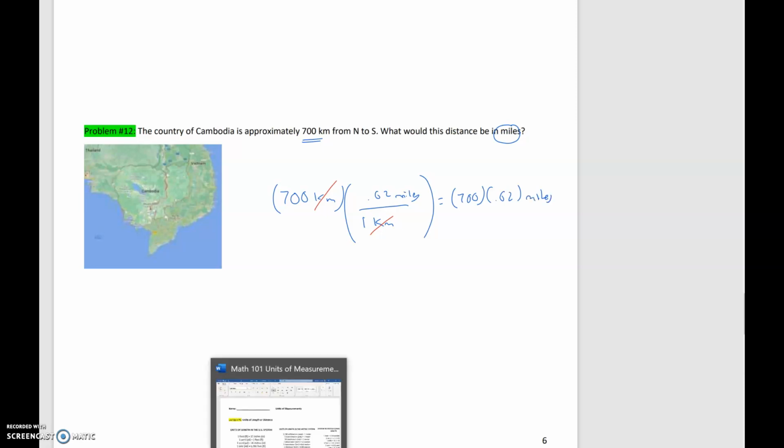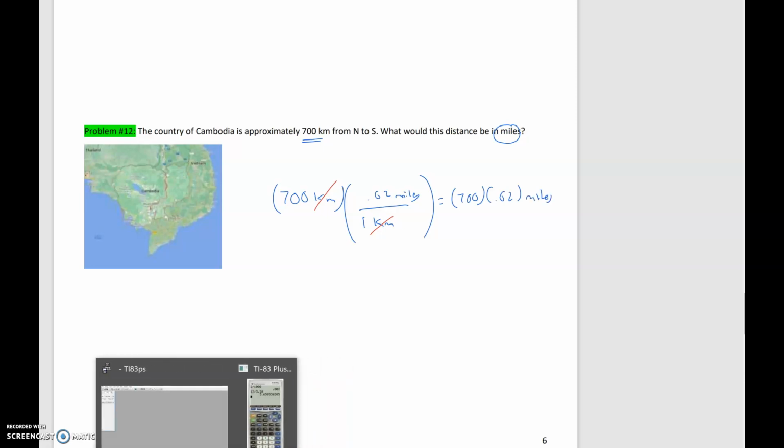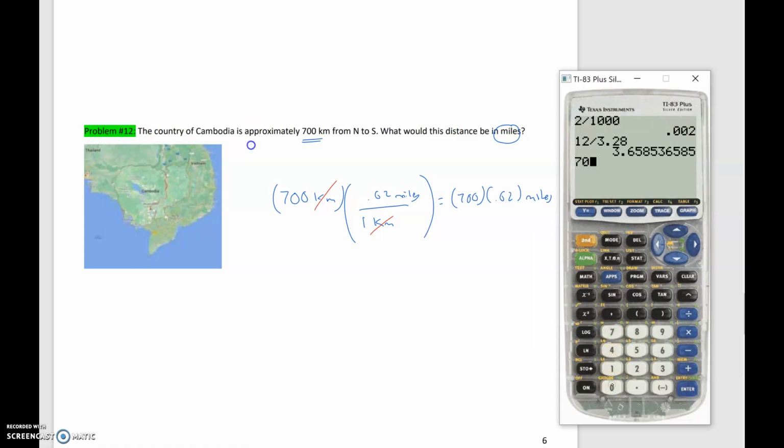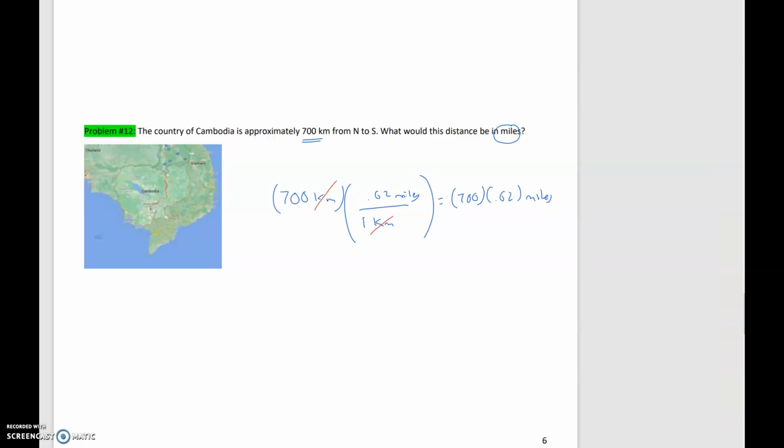And let me evaluate that with the calculator. So 700 times 0.62, it's 434 even. So this is equivalent to 432 miles.